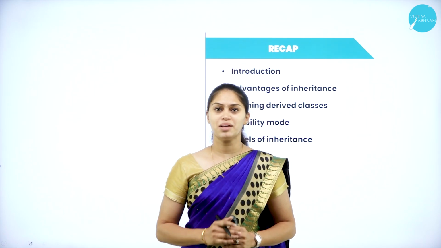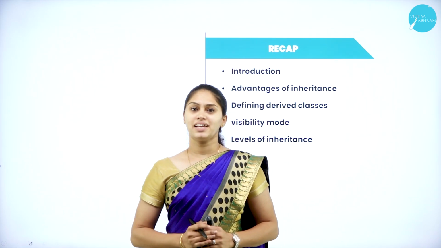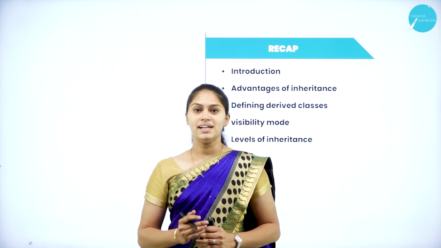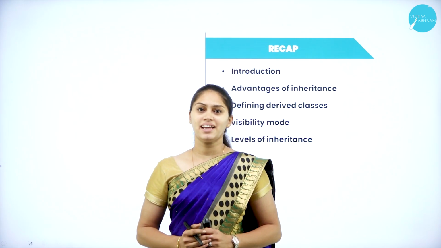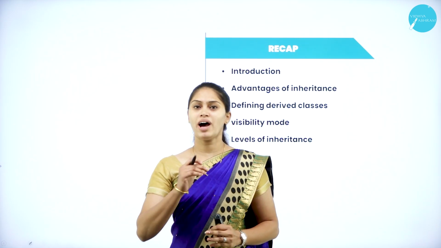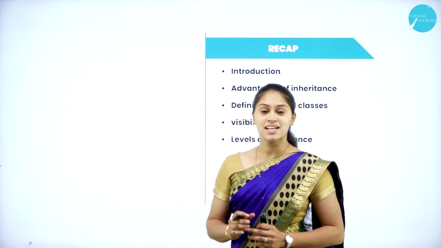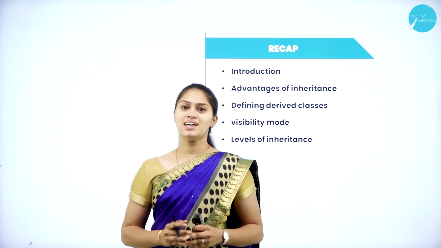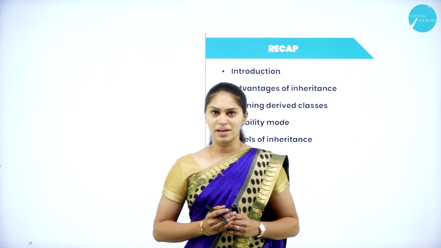There we have 5 types of inheritance: single level inheritance, hierarchical inheritance, multi-level inheritance, multiple as well as hybrid inheritance. In all the 5 types of inheritance, you have to concentrate on its syntax along with the diagrammatic representation. So these were the things which I discussed in the previous session.